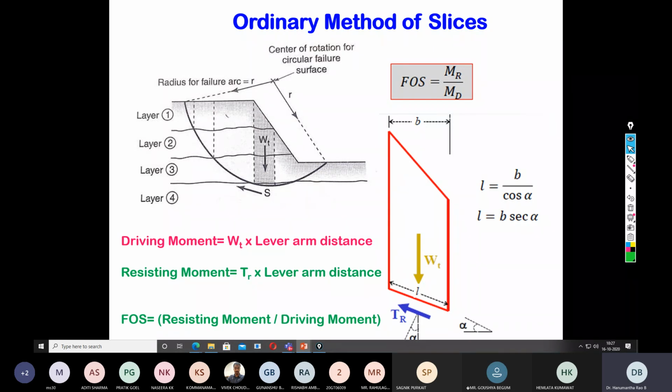But since the width of the slice is infinitesimally small, if you keep on summing up all the slices, then again it makes the arc. It won't make a linear line, because your angle is varying. So the same principle of mathematical analysis is valid here also.